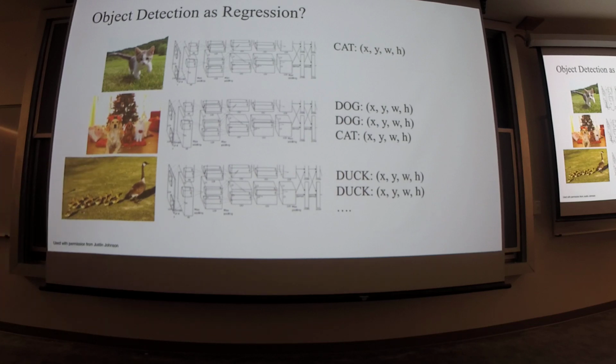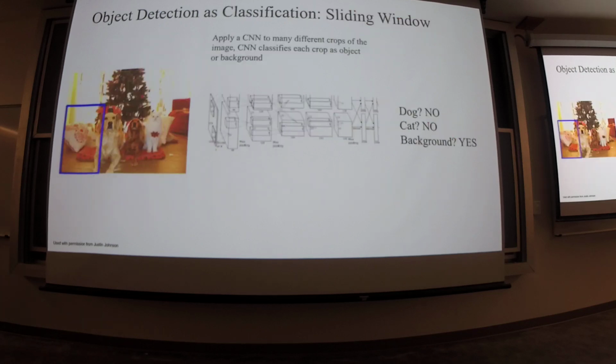You want a method that will allow you to deal with a variable number of objects in the image, right? So that's a piece of what we're trying to do here. Look at all those little diagrams. You want to be able to draw a little bounding box around each one of those. I don't even know how many there are there. It'd take a while to count. Okay, so how does that happen?